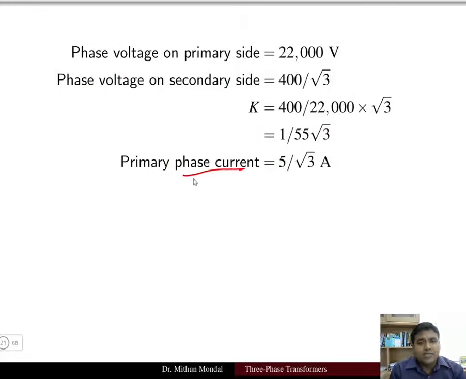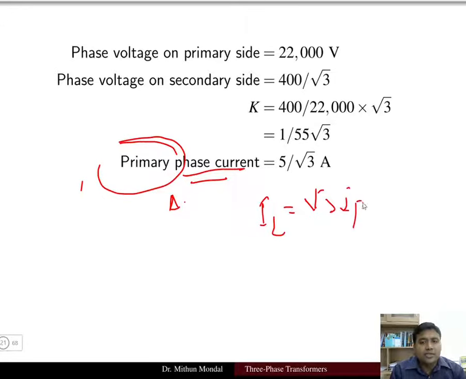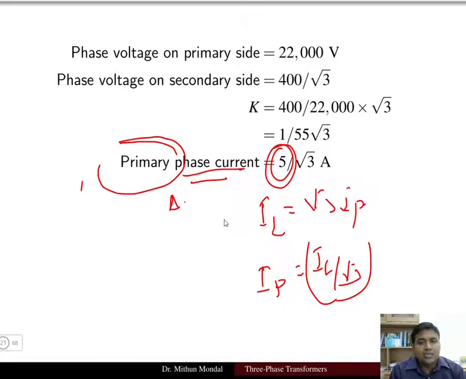Then the primary phase current. On the primary side your connection is basically a delta connected machine, and we know that line current is equal to root 3 times the phase current. So phase current we can obtain as line current by root 3. We have been given 5 ampere as the current which is flowing in the line. So 5 divided by root 3 will give you the phase current on the primary side.